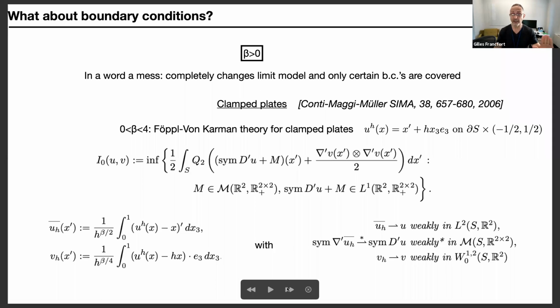First, it goes right across scales, so it doesn't depend whether beta is 1, 2, or 3, or up to 4, and I'm not sure about the strictly less than 4, but it's a completely different model, which I'm not going to explain right now.